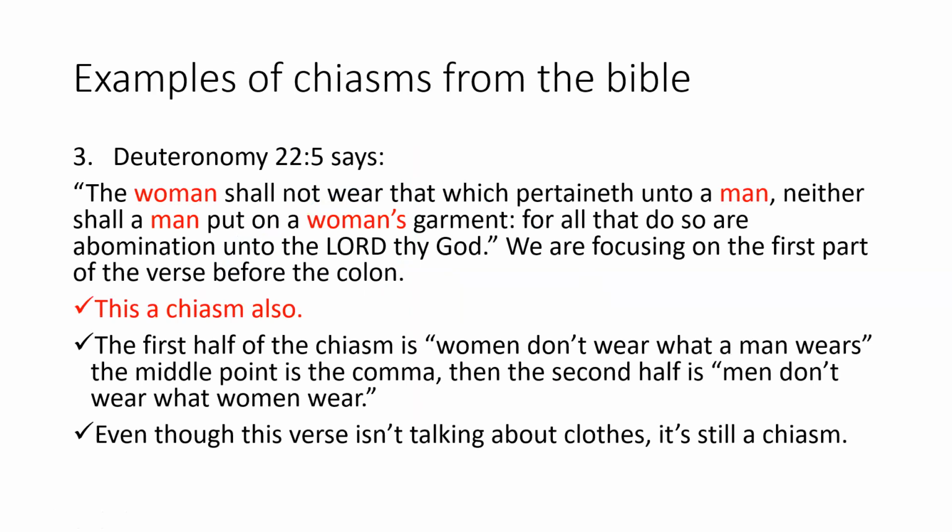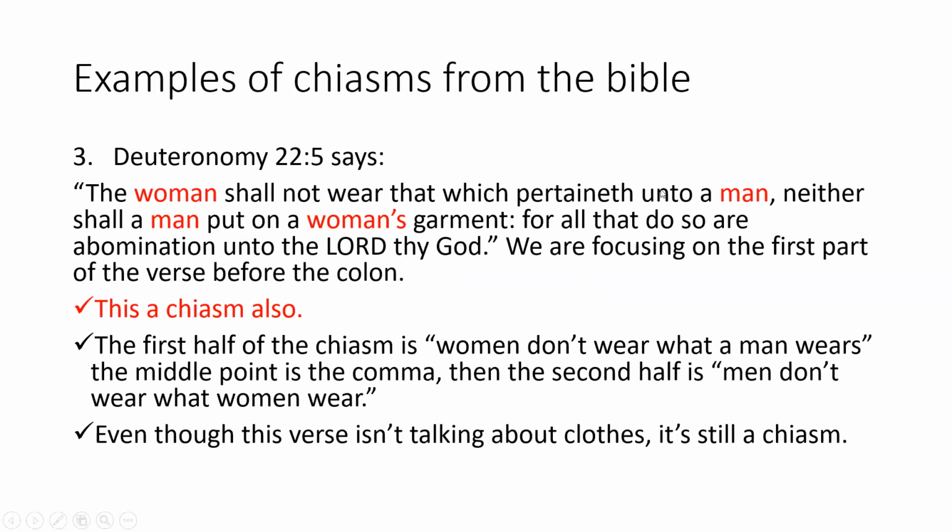The third one is Deuteronomy 22 verse 5. The woman shall not wear that which pertaineth unto a man, neither shall a man put on a woman's garment, for all that do so are an abomination unto the Lord thy God. We are focusing now on the first part of the verse before the colon. Everything before this is the first part of the verse.